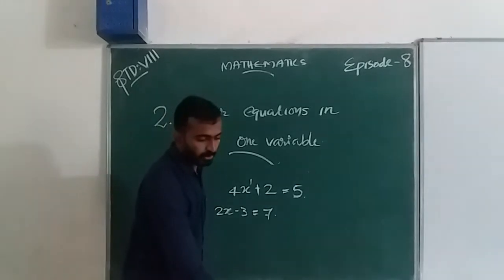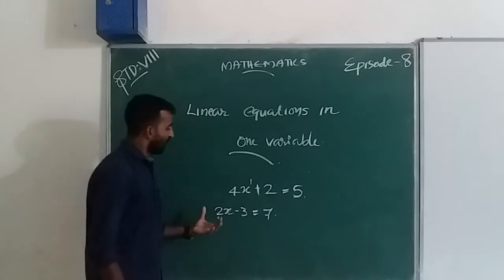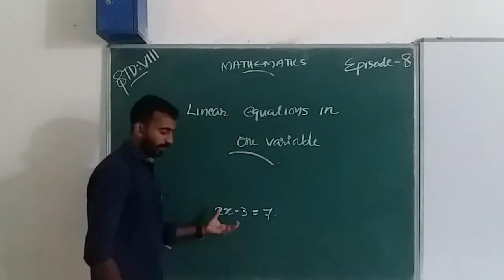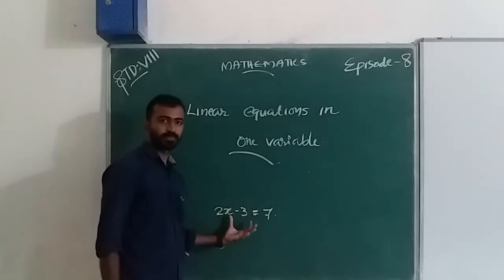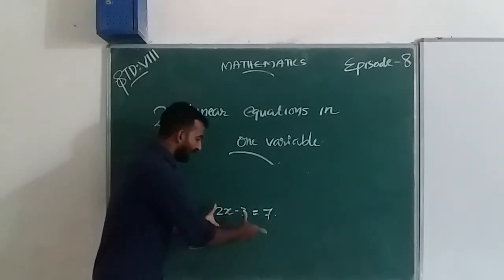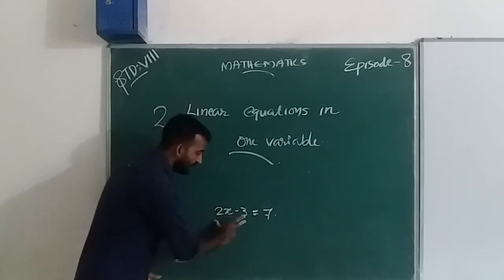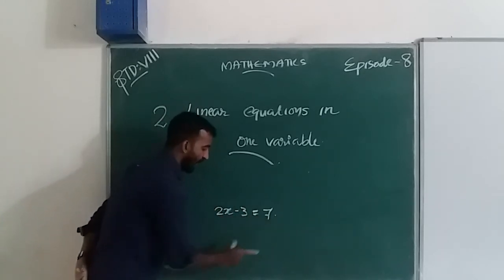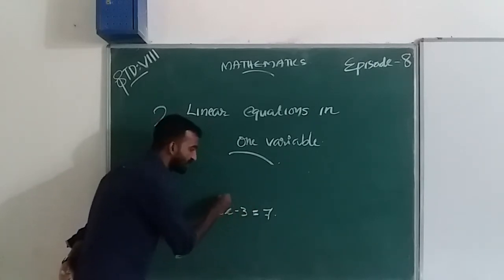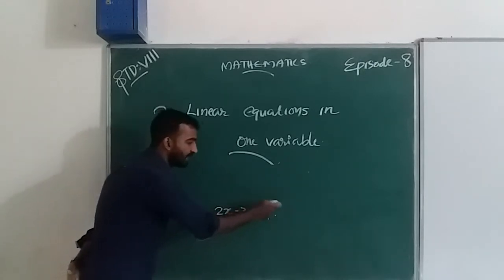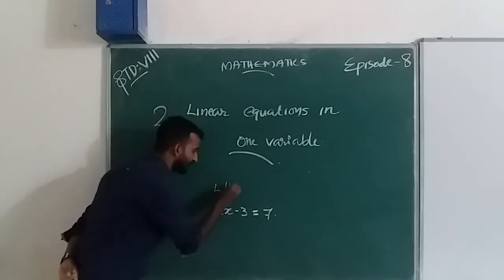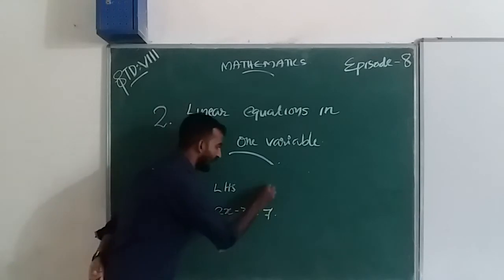We are going to study the solving method, that is, we want to find the value of x. Here the left side of the equal sign is the LHS and the right side is the RHS.